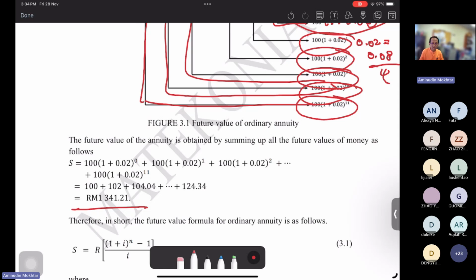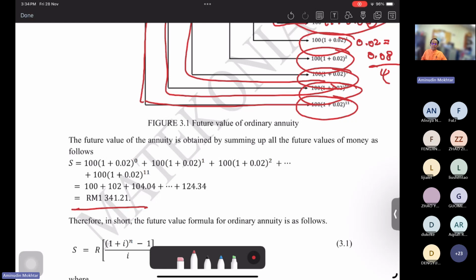Okay, that is a long process. For exercise, I encourage you to calculate this value one by one and make sure you get this number 1341.21. In other words, if you deposit your money every quarter for 3 years, and the savings account offers you 8% per annum compounded quarterly, at the end of year 3, at the end of quarter 4 of year 3, your money will go to 1,341 and 21 cents.